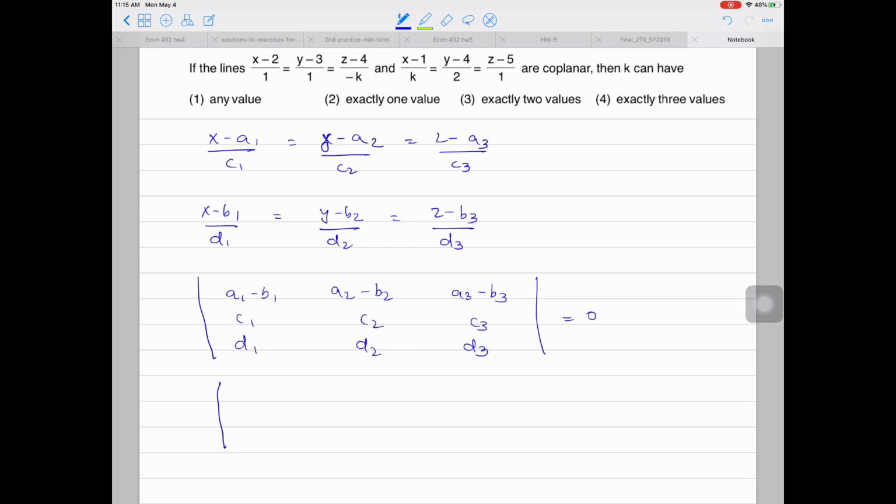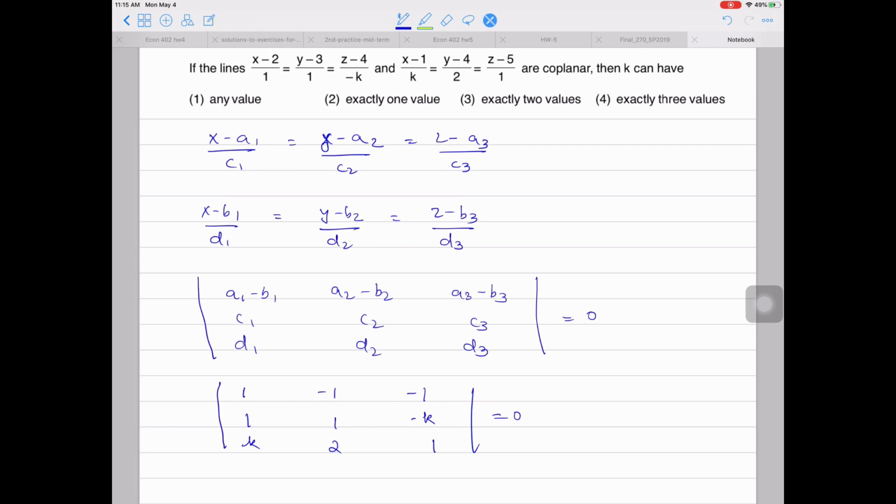So plugging in, we get 1, minus 1, minus 1. So a1 is 2 and b1 is 1. So 2 minus 1 is 1, and similarly we get minus 1 for a2 minus b2 and minus 1 for a3 minus b3. The values of c1, c2, and c3 are 1, 1, minus k respectively, and the values of d1, d2, d3 are k, 2, and 1.